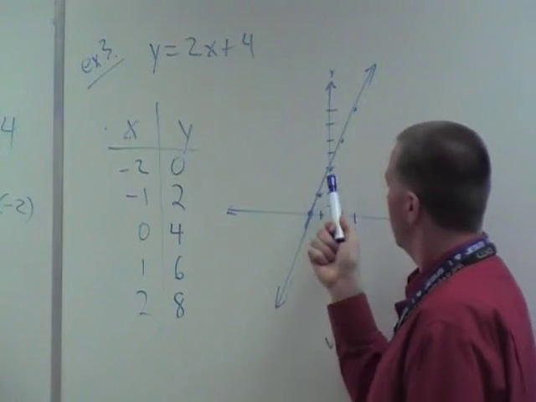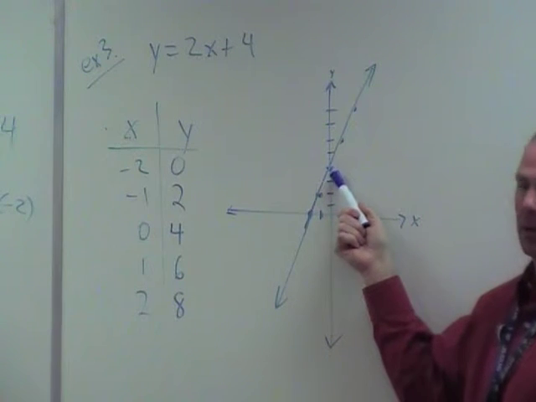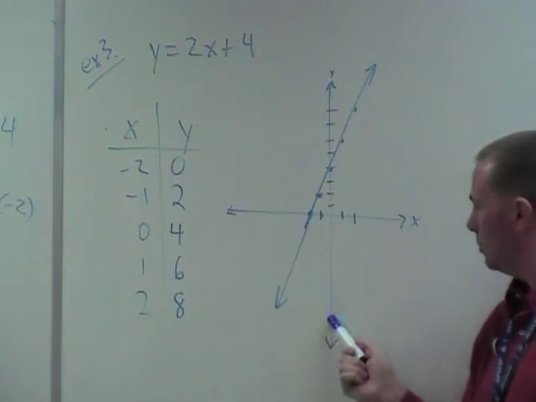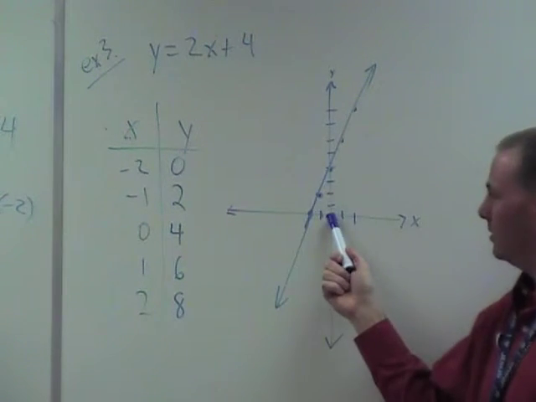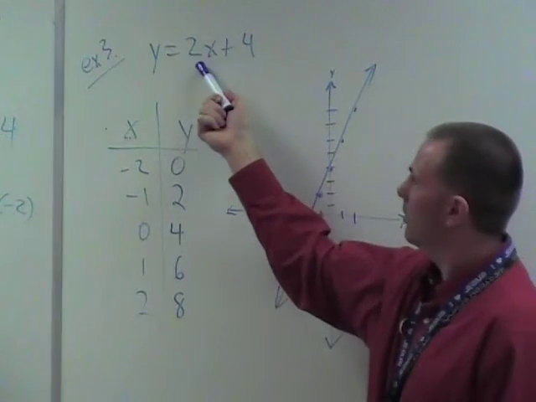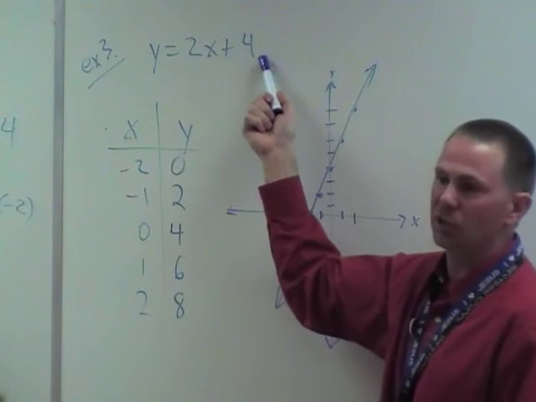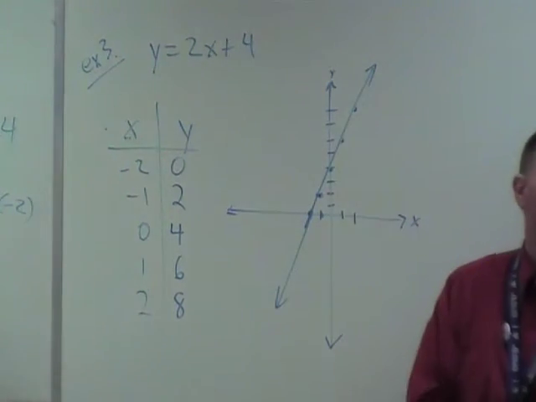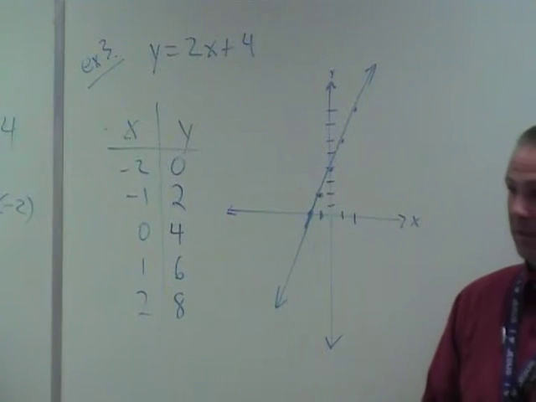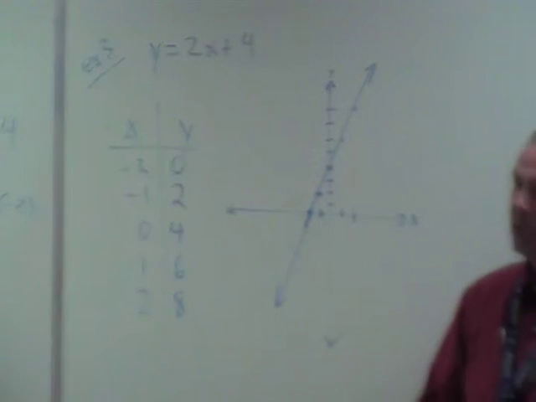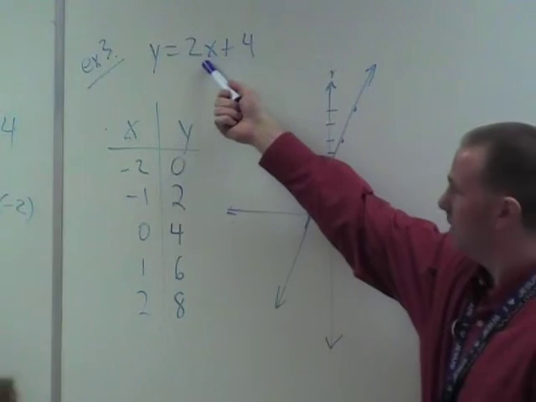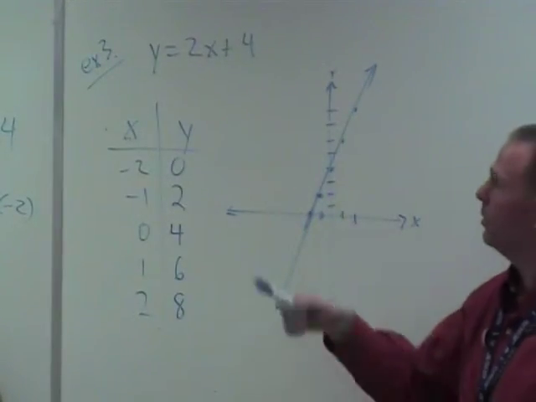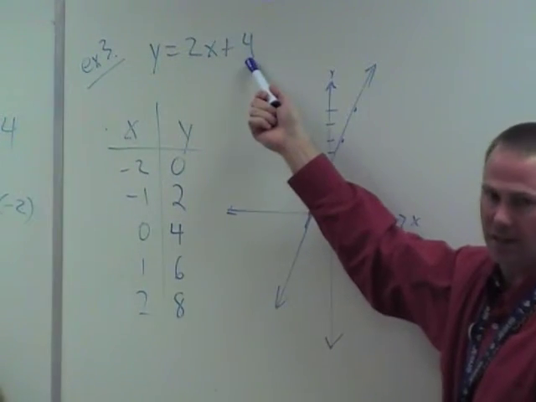Because at this coordinate, x is 0, isn't it? Anywhere on the y-axis, what's the x coordinate? 0. So when you plug 0 in, this goes away, leaving just that number. That's why we call that number the y-intercept. Not just because, hey, let's just pick a spot and call that the y-intercept. No. It's mathematically proven that if this is 0, then y equals 4. Okay, so I know it's going to cross the y-axis at that number.